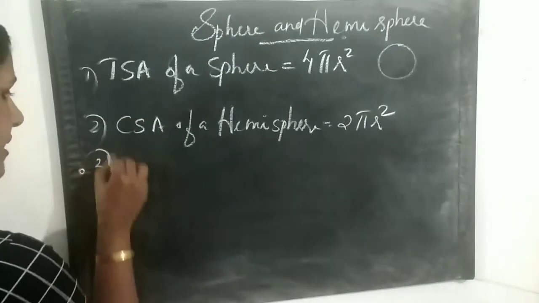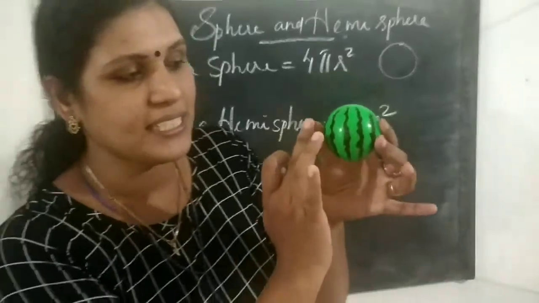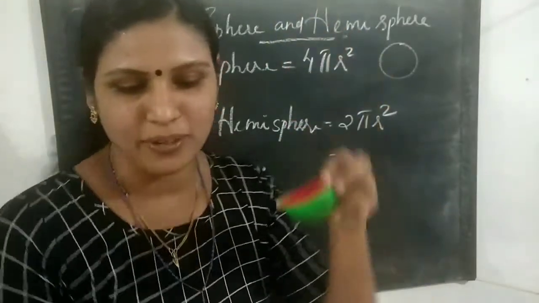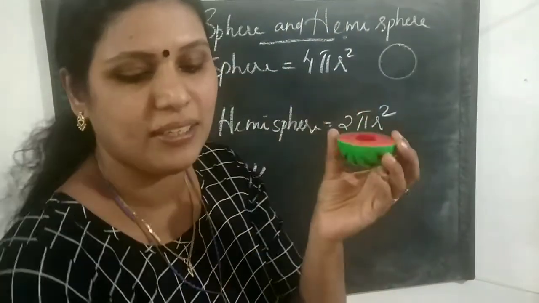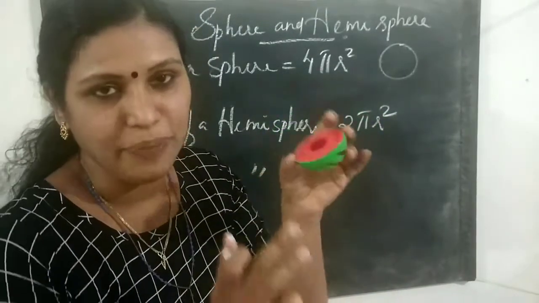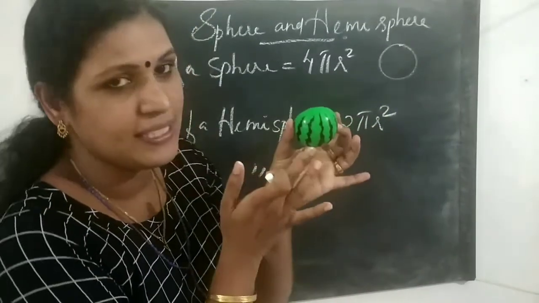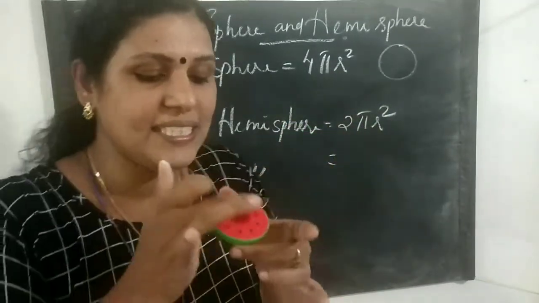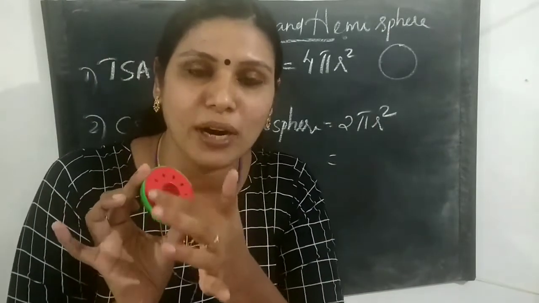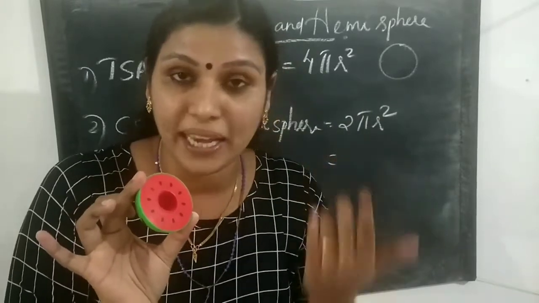And what is the TSA of a hemisphere? Consider a watermelon. We can see a greenish part and a reddish part. The greenish part is the curved surface area, and the other part is a circle, so its area is pi r square.